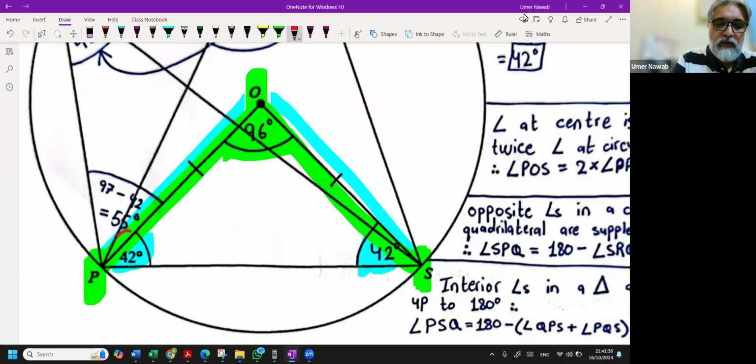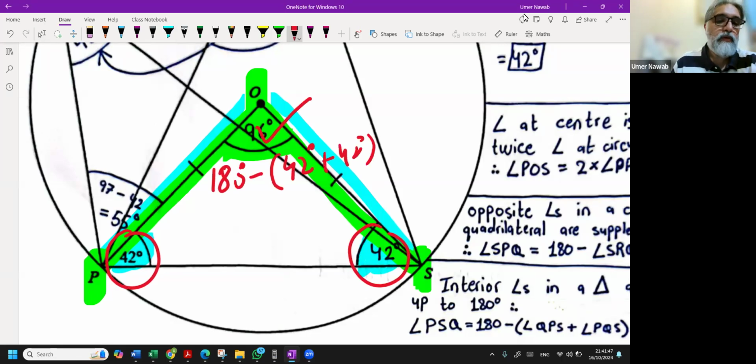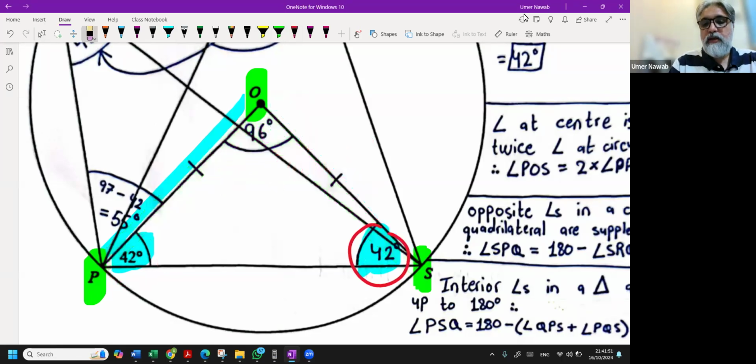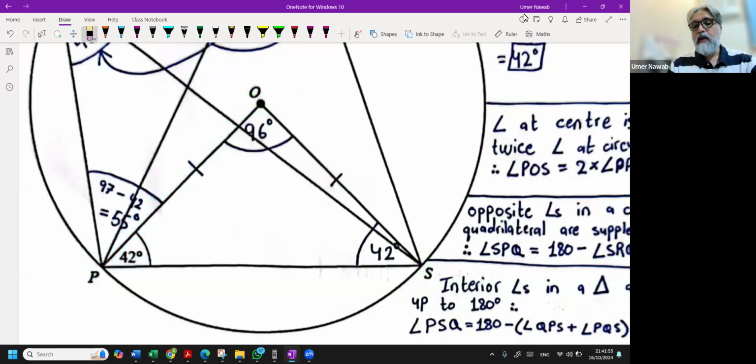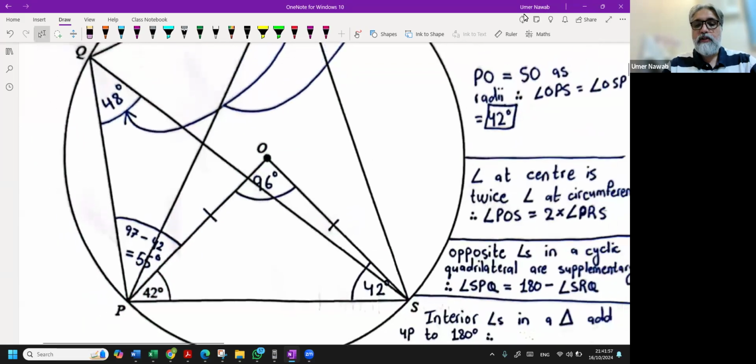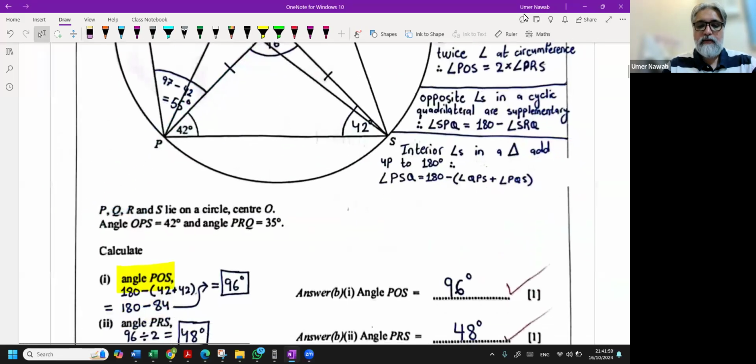If this is 45 and this is 45, I can easily find this angle. How? 180 minus 42 plus 42 will give you 96. So the third angle can be easily found by using the isosceles triangle property and the angle sum of a triangle, which is equal to 180. So this is done.